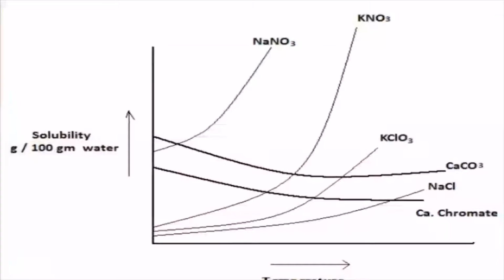Sodium nitrite as well as potassium nitrite show a high rise in the solubility, while potassium chlorate and sodium chloride show a smaller rise. While in the solutions of calcium carbonate and calcium chromate, you can observe that with the increase in the temperature, the solubility decreases. So they are exothermic reactions in which the heat is liberated. This solubility curve is necessary in order to understand the relation of temperature with that of solubility.